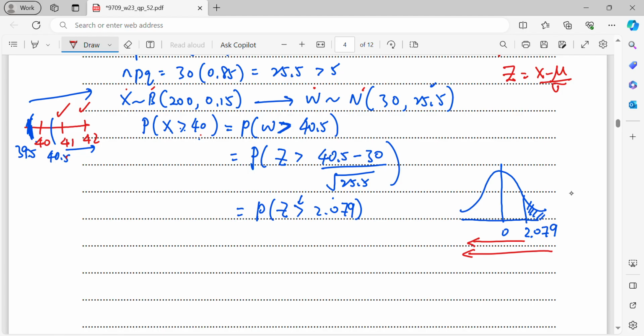So obviously it should be 1 minus P(Z less than this value), with the arrow to the left side, then you will be getting the shaded region. So it should be 1 minus P(Z less than 2.079). Then from here you read the probability from the table, and the value will be 0.9812. Once you have solved this operation, you will be getting 0.0188. So that is the solution of this question.